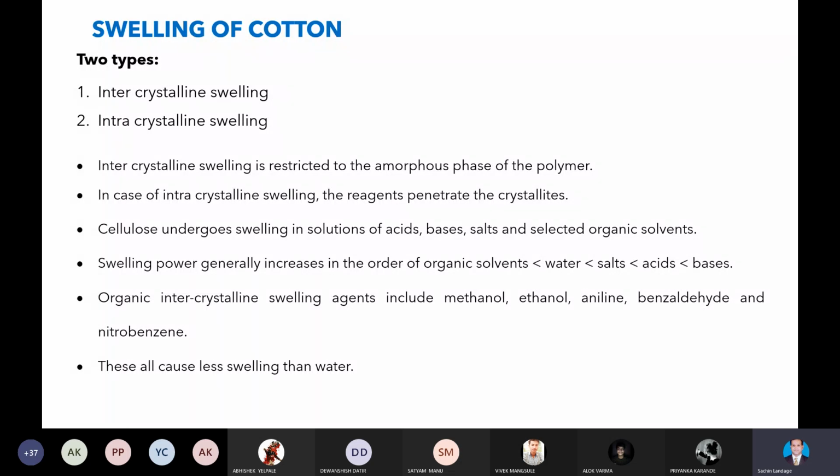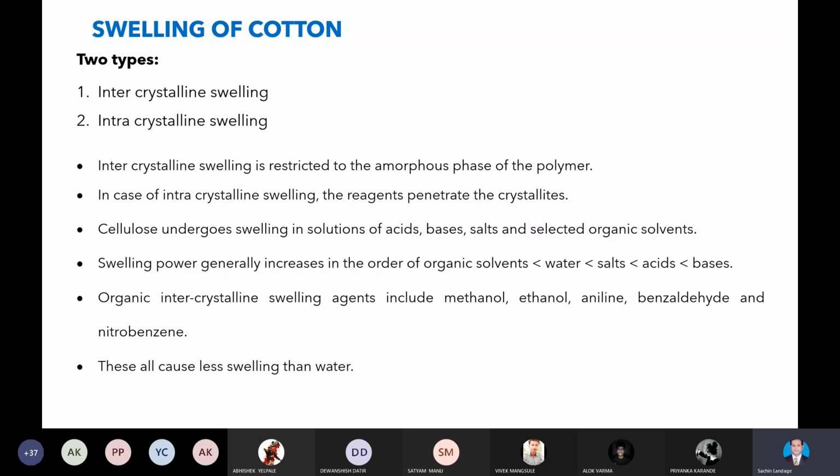Whereas in the amorphous region, the polymeric chains are apart from each other, and the hydroxyl groups present there are free in nature. That's why, whenever there is water absorption, the water will easily penetrate because of the openness of the amorphous region.